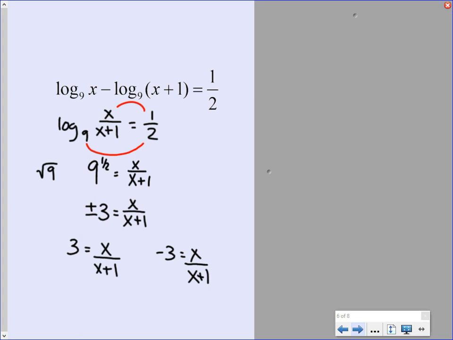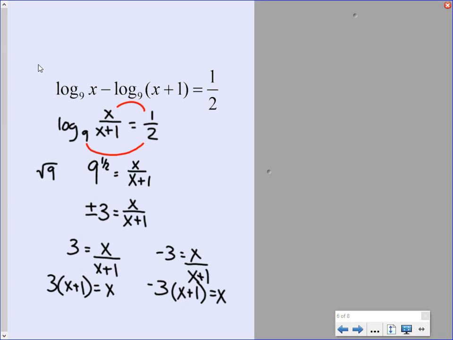How would you solve those equations when they look like x over x plus 1? You can multiply by the denominator, or some people might say cross multiply them. So this is going to be 3 times x plus 1 equals x, and negative 3 times x plus 1 equals x.